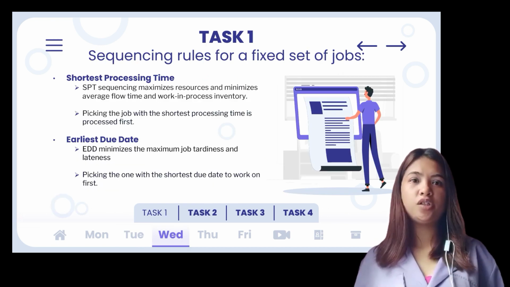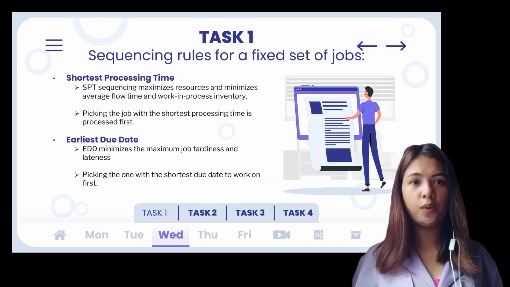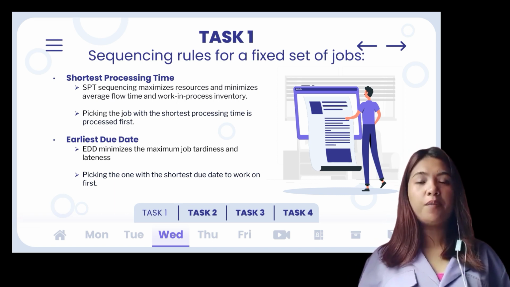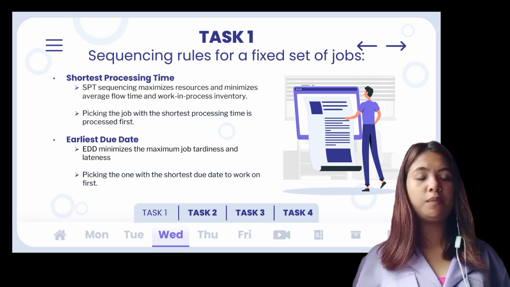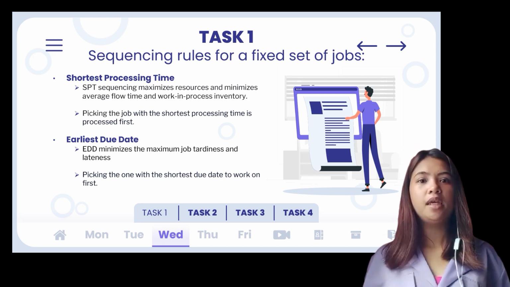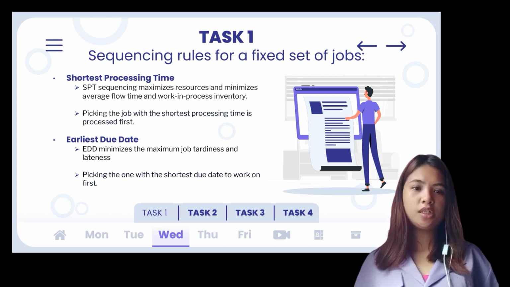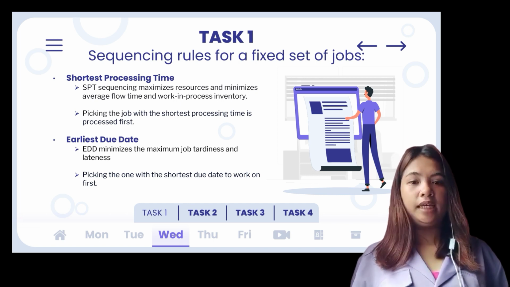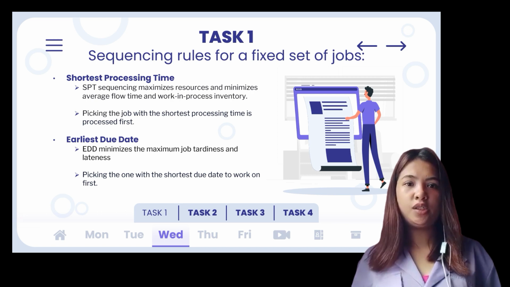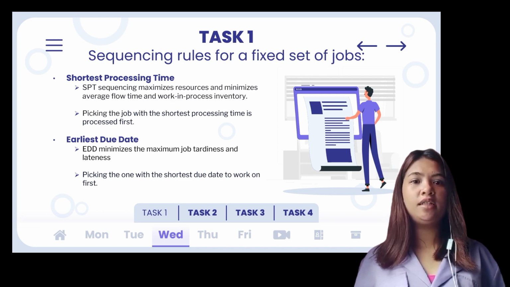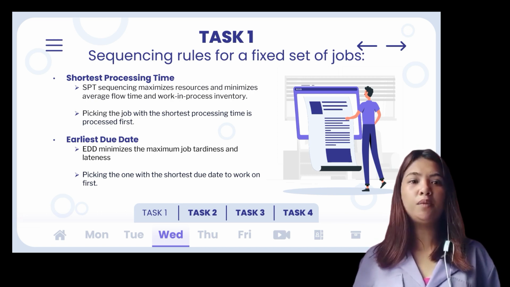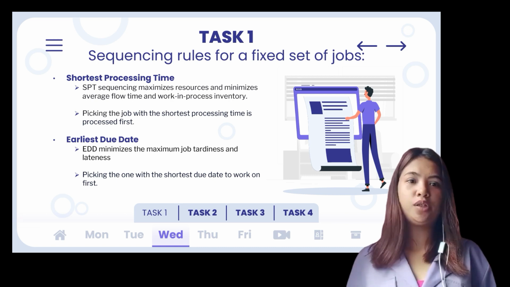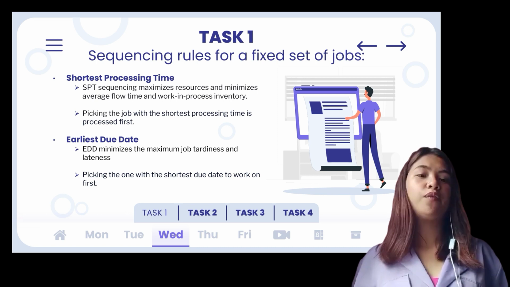SPT, shortest processing time, is sequencing that maximizes resources and minimizes average flow time and work in process inventory. Picking the job with the shortest processing time is processed first. EDD, earliest due date, minimizes the maximum job tardiness and lateness. Picking the one with the earliest due date to work on first.